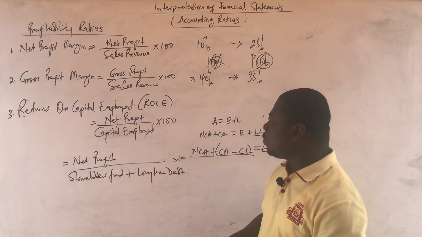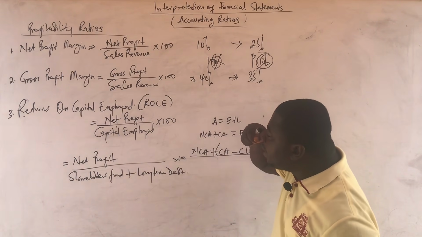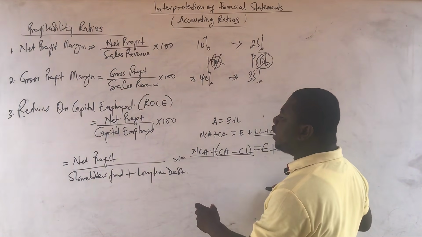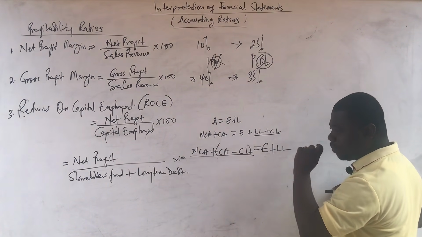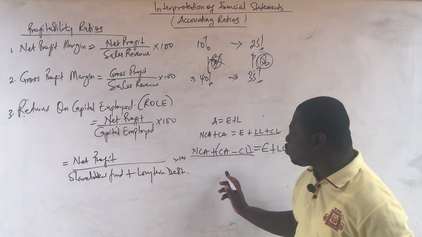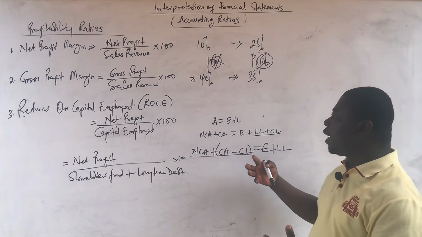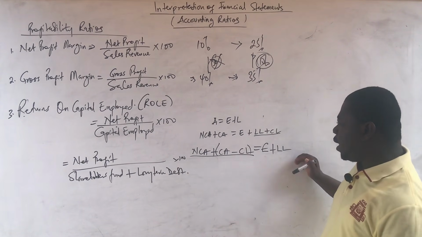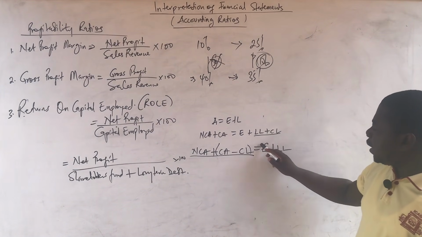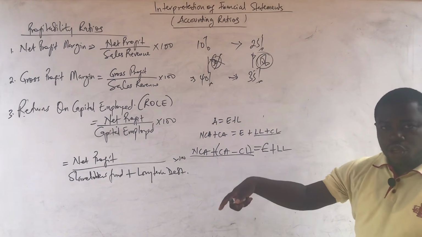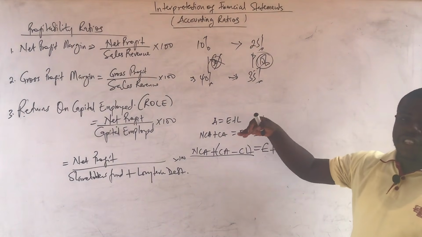Now let me also hammer on something: the meaning of this ratio. This is your net assets, total assets minus current liabilities. That is what we call the capital employed. Or let me look at it from the side of equity and liability. This is the capital you have employed to run the business. How much profit is it giving you?